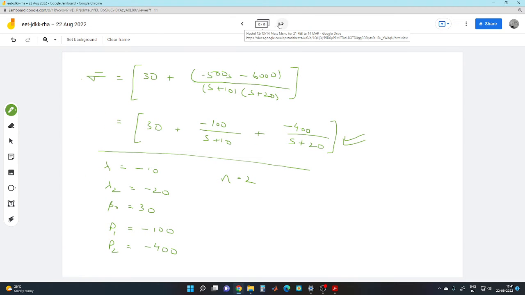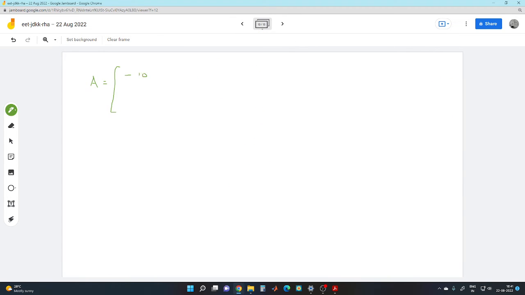So using this, we can write A as, what was lambda 1? Minus 10, minus 10, 0, 0, minus 20. Lambda 1, lambda 2. B can be directly written as 1, 1 because n equal to 2. C can be written as a series of P1, P2.